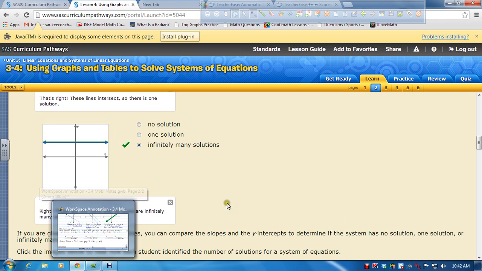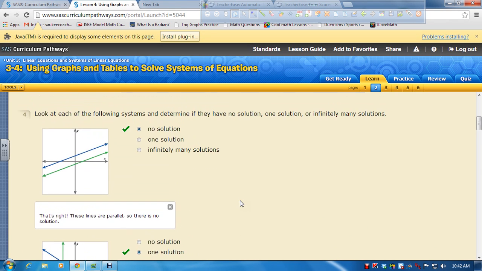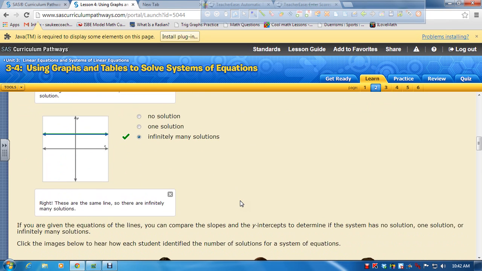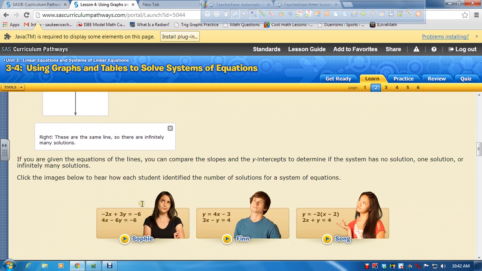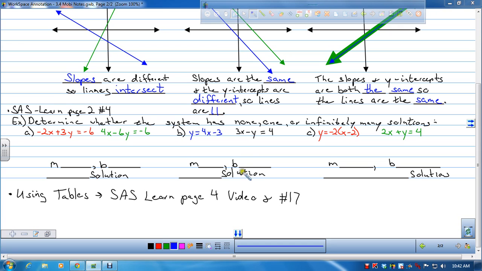Okay, so pretty easy concept to see visually. What you need to be able to do, though, is to also see it algebraically as it pertains to different equations. So that's what we're going to look at right now.